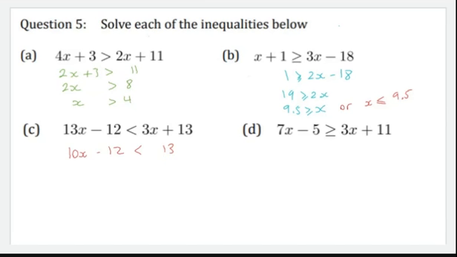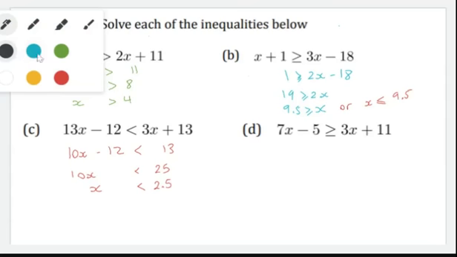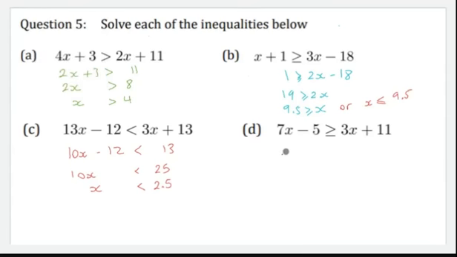You add 12 on both sides. So that would be 10x is smaller than 25. Then divide by 10 on both sides. X is smaller than 2.5. Yeah. Very nice. Yeah, you seem to be managing these very well.